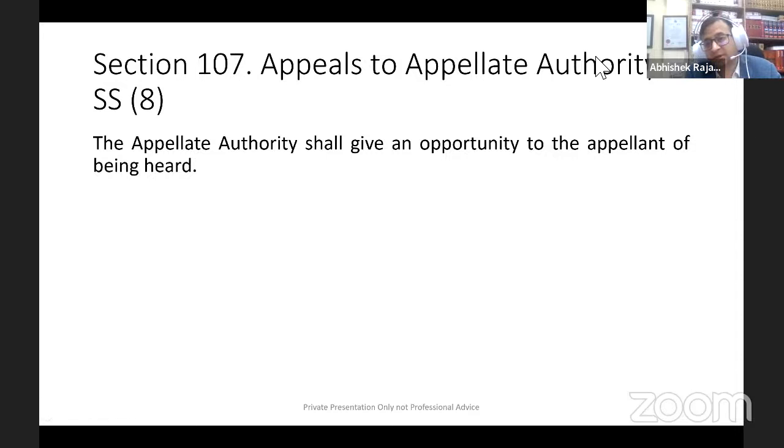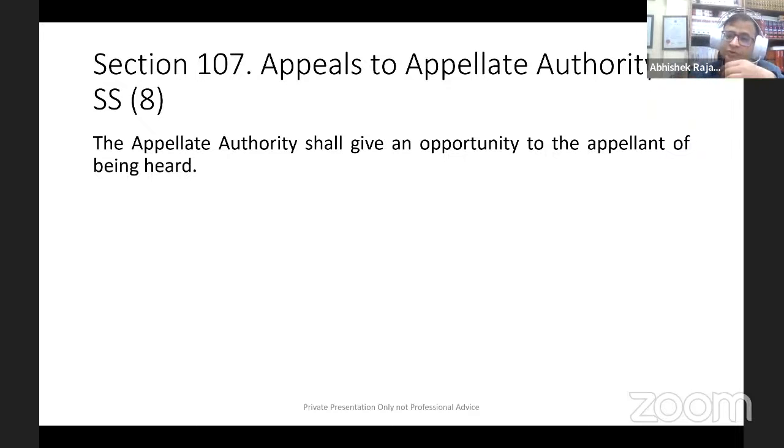Then, as we say about principles of natural justice, whatever reply you have submitted would be considered by the authority and they will provide you an opportunity of being heard. That could be an in-person hearing, or you can take an online hearing also. In person is better, which I feel.